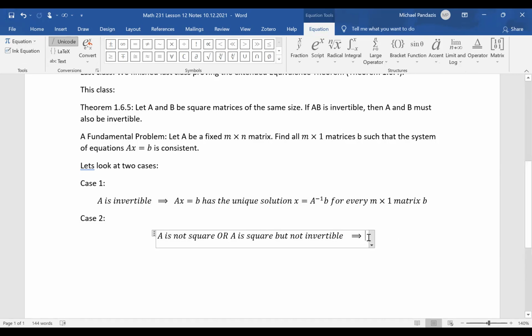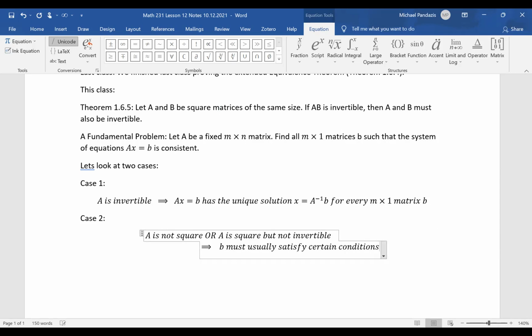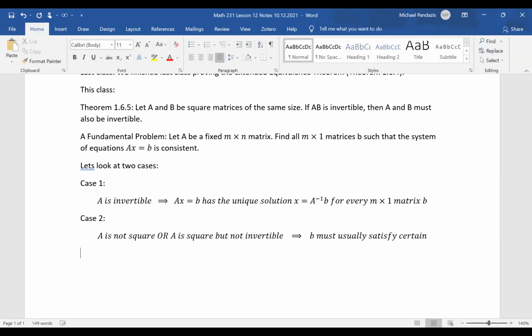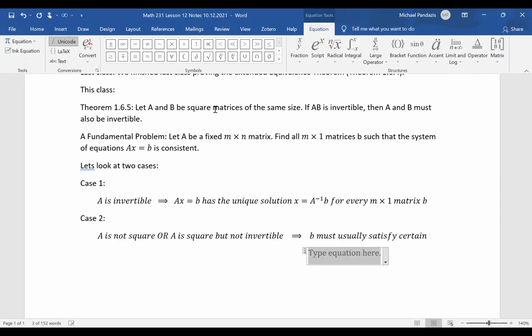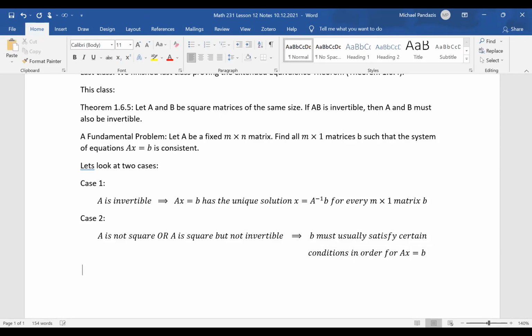These 2 cases exhaust all possibilities for any matrix capital A. In case 2, A is not square, or A is square but not invertible, and that implies that b must usually satisfy certain conditions in order for Ax equals b to be consistent.